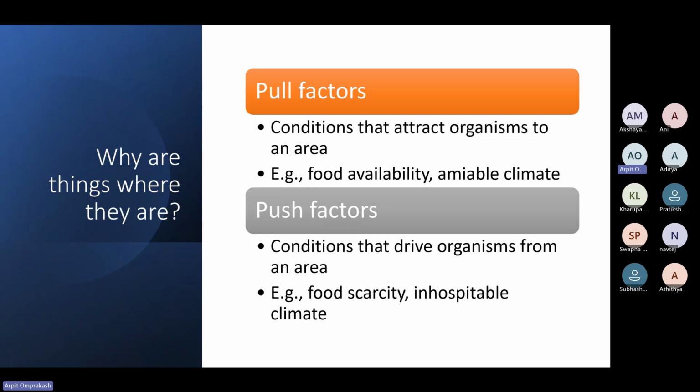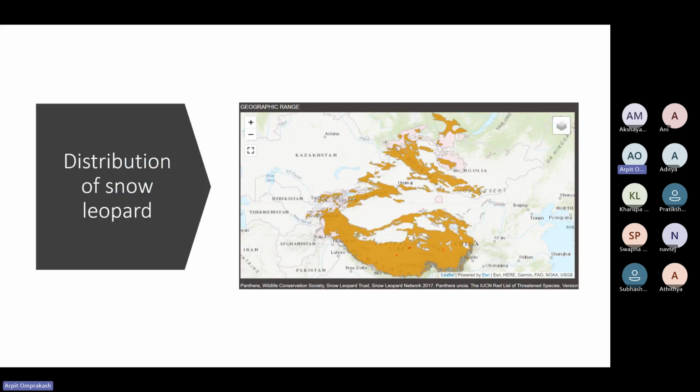And the other thing we have are push factors. These are conditions or factors that drive organisms away from a given area. So we can say these orange areas have some pull factor, which is why they're pulling the species here. You see that the species is found all across this, but it is not found in this area, right? So that means this area would have some push factors that are pushing the species away from that area.